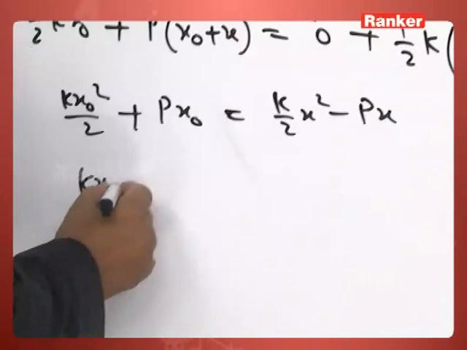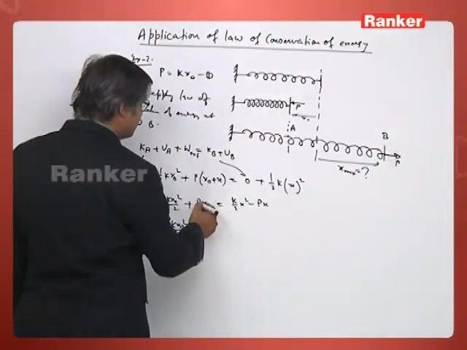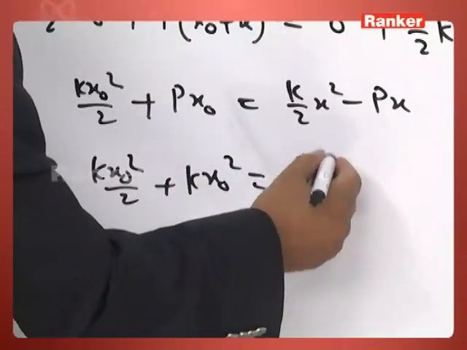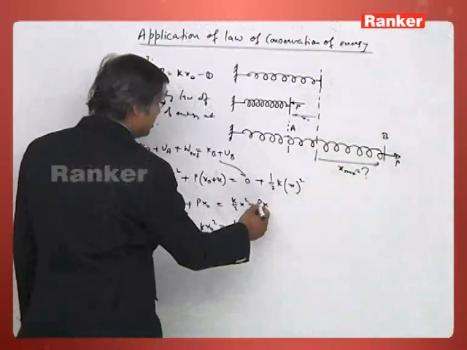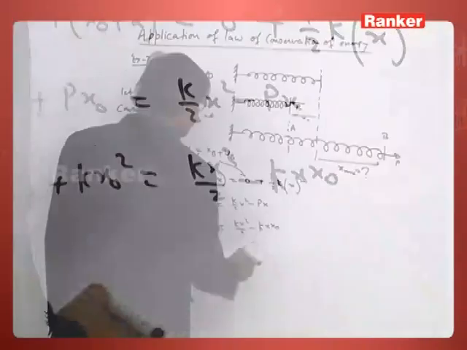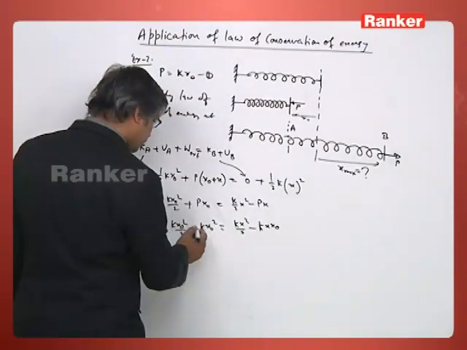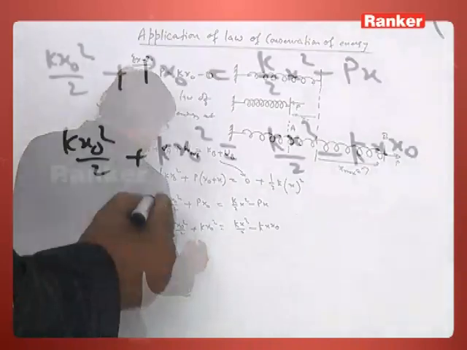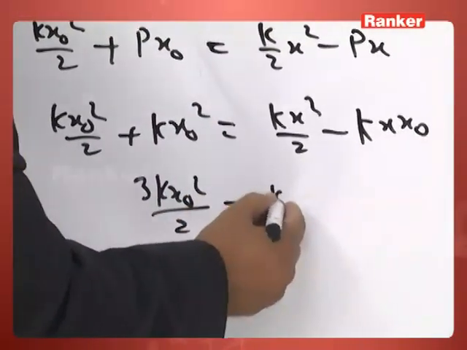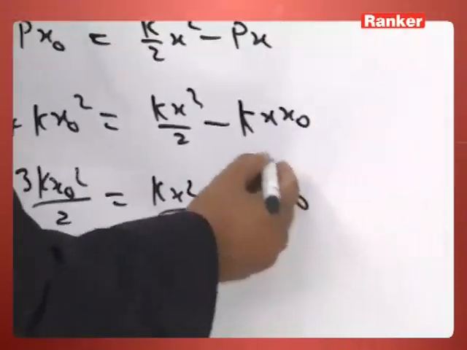So this is K x naught square by 2, and this P is K x naught. So K x naught square by 2 plus K x naught square gives 3 K x naught square by 2, equal to K x square by 2 minus K x naught x.